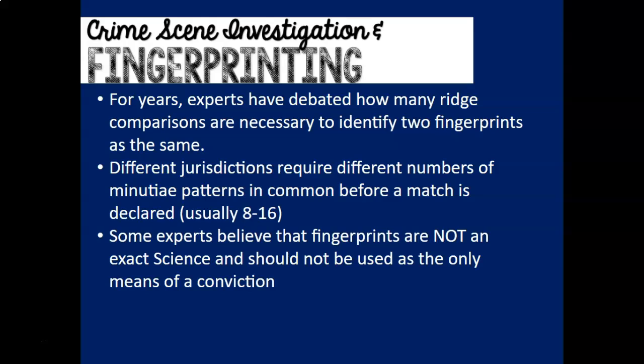And so people could potentially get off on a crime because they didn't have enough minutia, where in another state they might have been convicted, right? There is a general 8 to 16, but even within that, that's a huge range. So just keep that in mind.